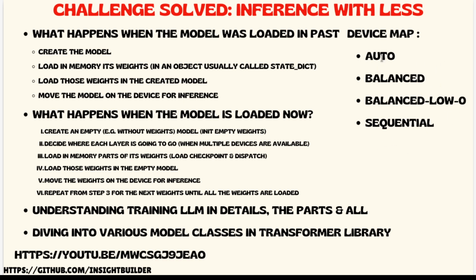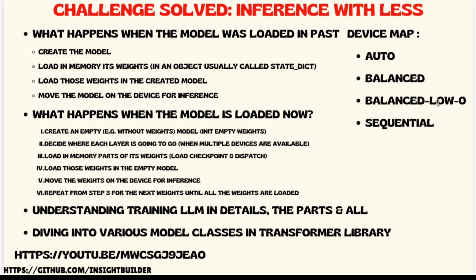When it comes to auto, it will try to allocate as much memory as possible on all the devices. Balanced and auto are very similar. They will allocate equal memory on all the devices, whether it is disk, RAM, or GPU.